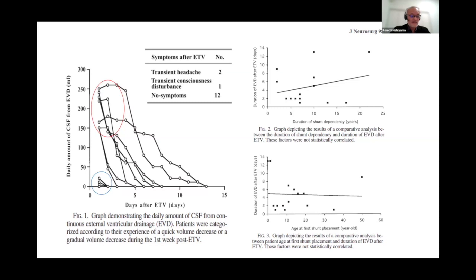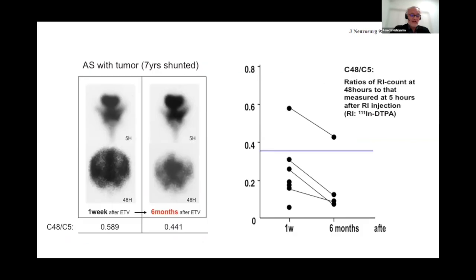When we compared the results between the patient's age at the initial shunt insertion and the duration of the shunt, those were not statistically correlated. We also analyzed the changes in isotope histogram between 1 week and 6 months following ETV with shunt removal.